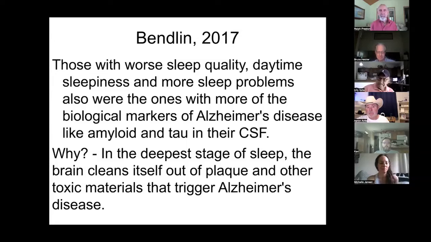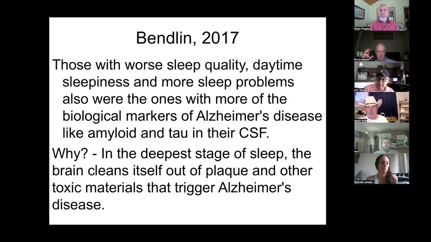But in Alzheimer's disease, tau protein, which makes up the walls of these neurofilaments, is called hyperphosphorylated. It has more phosphorus groups attached to it, and that causes it to clump up.